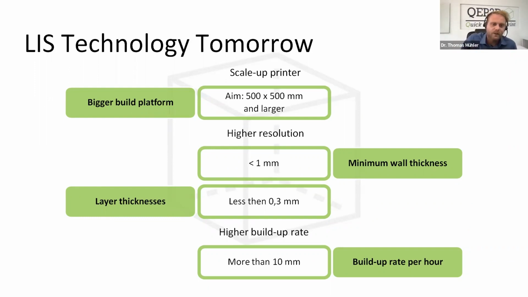But on the other hand, printing very close to the final contour will reduce the post-processing steps of green body shaping and also saves material. Therefore, our development is in the direction of improving the resolution with thinner layers, special additives, and so on. And finally, to improve the build-up rates, we work on the laser and the scanning parameters.